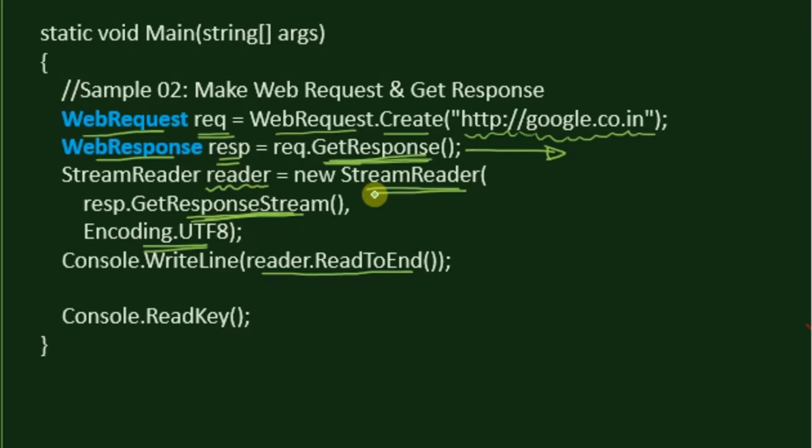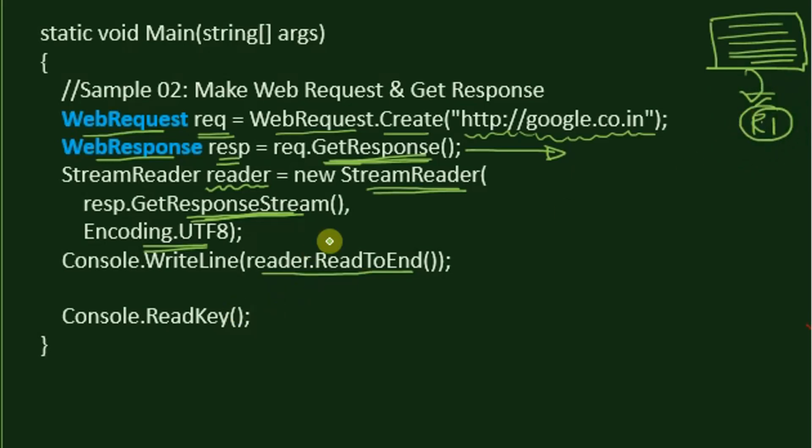Now we call Console.WriteLine with reader.ReadToEnd. So here we have a response, and we are creating it as a stream and printing it here. With ReadToEnd, from start to end, we are reading the response and displaying it in the console output window.